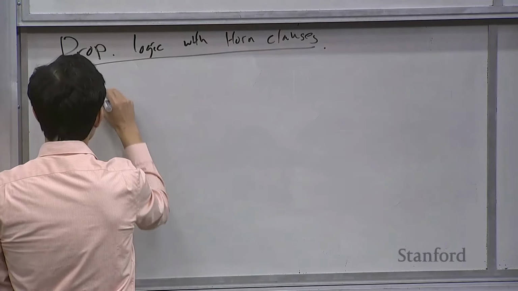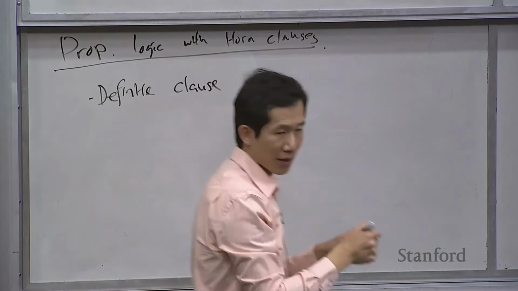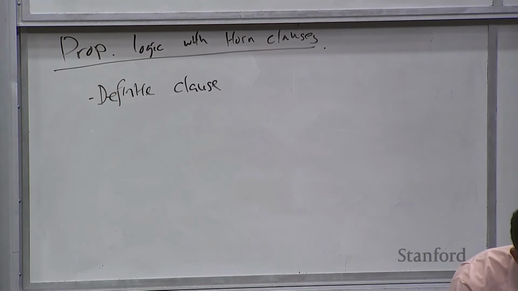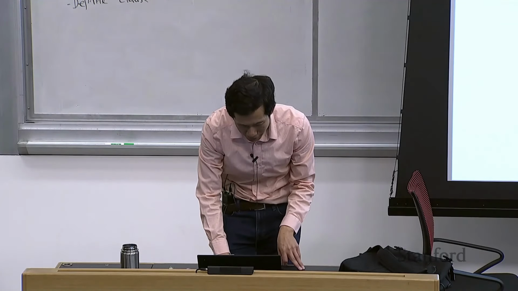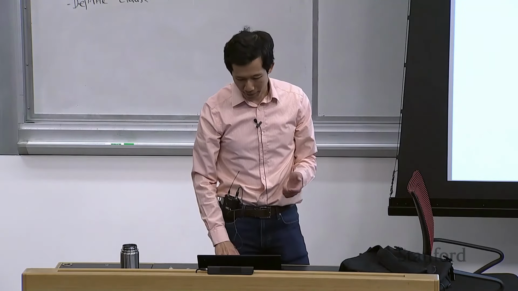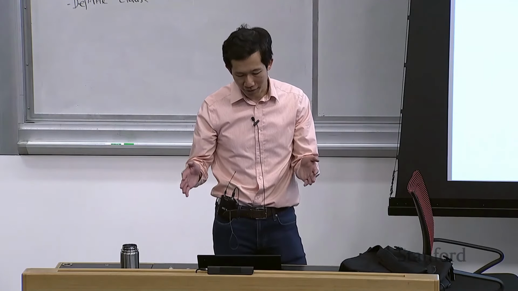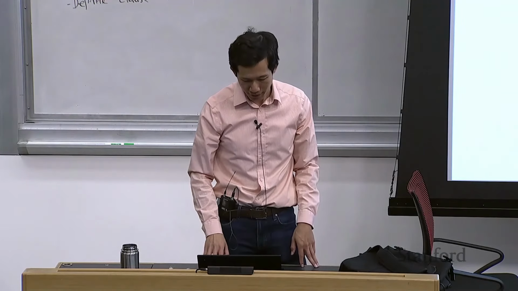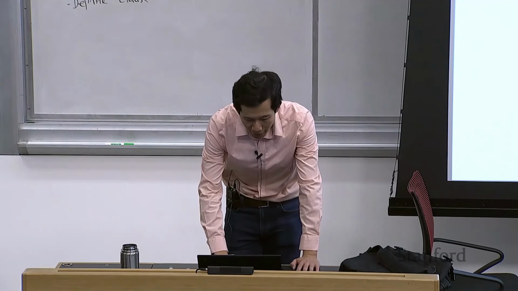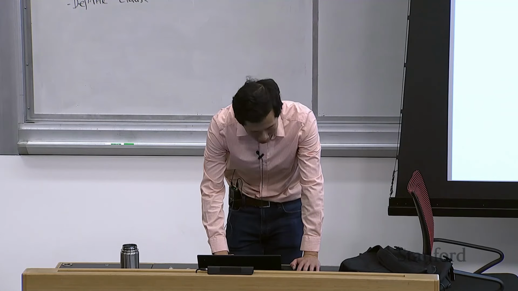A definite clause is a propositional formula of the following form: you have some propositional symbols all conjoined together, which just means ANDed, implies some other propositional symbol Q. The intuition is, if P1 through Pk hold, then Q also holds. Here are some examples: rain and snow implies traffic. Traffic is possible.